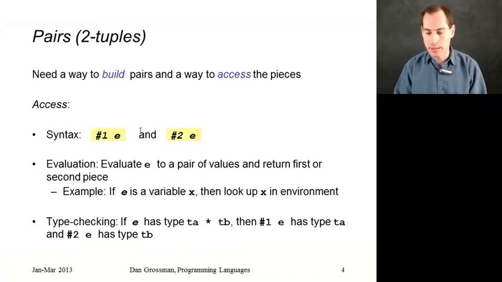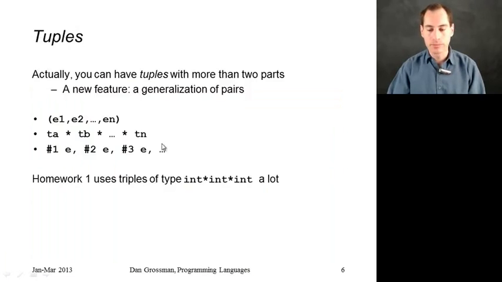Let's go back to the slides here and show you that while that's really all there is to pairs, we can in fact generalize this idea to tuples. So a pair is just a 2-tuple. In general, you can have any number of pieces. So to build a tuple with n pieces, you just have n expressions separated by commas.